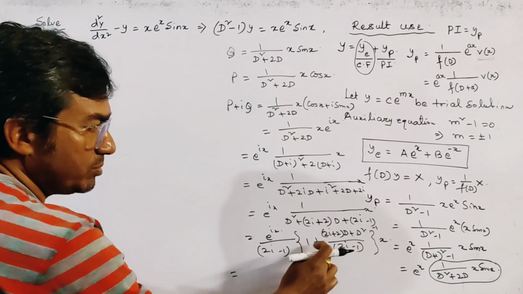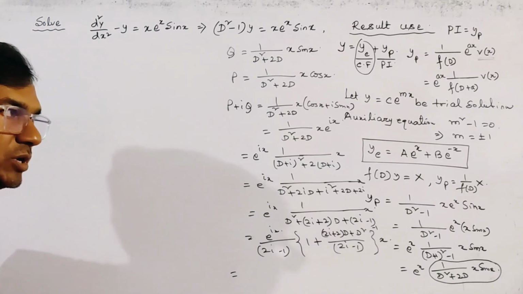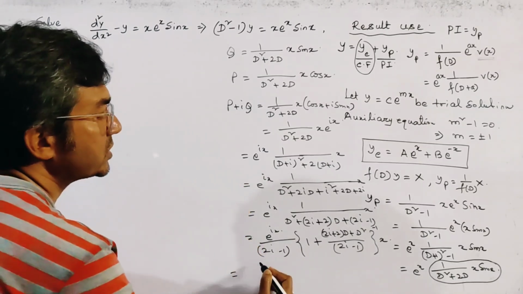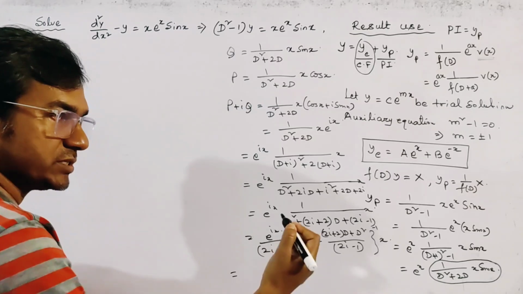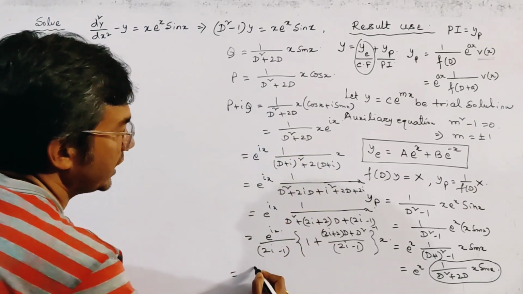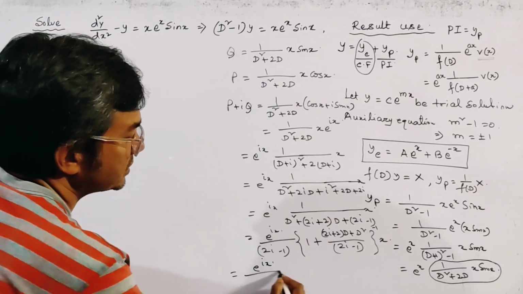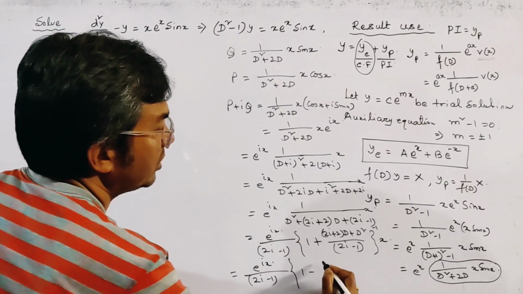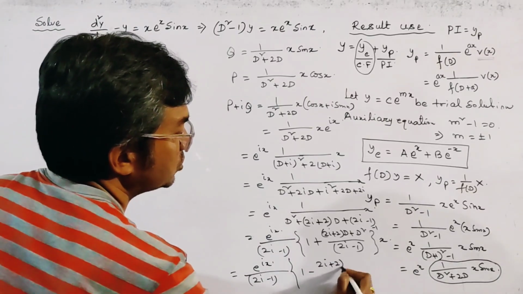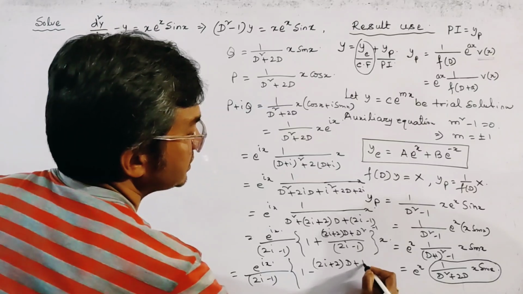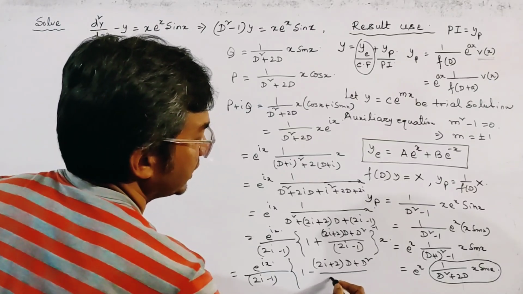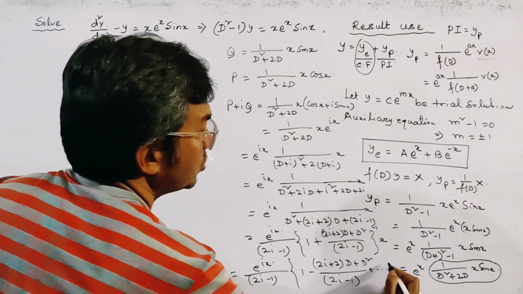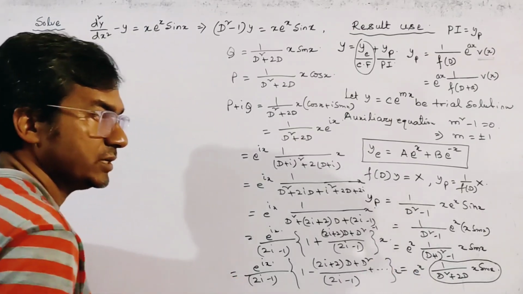We know that (1 plus x) to the power minus 1 is 1 minus x plus x square and so on. So we write e to the power ix by (2i minus 1) into 1 minus ((2i plus 2) into D plus D square) by (2i minus 1) plus and so on, into x.